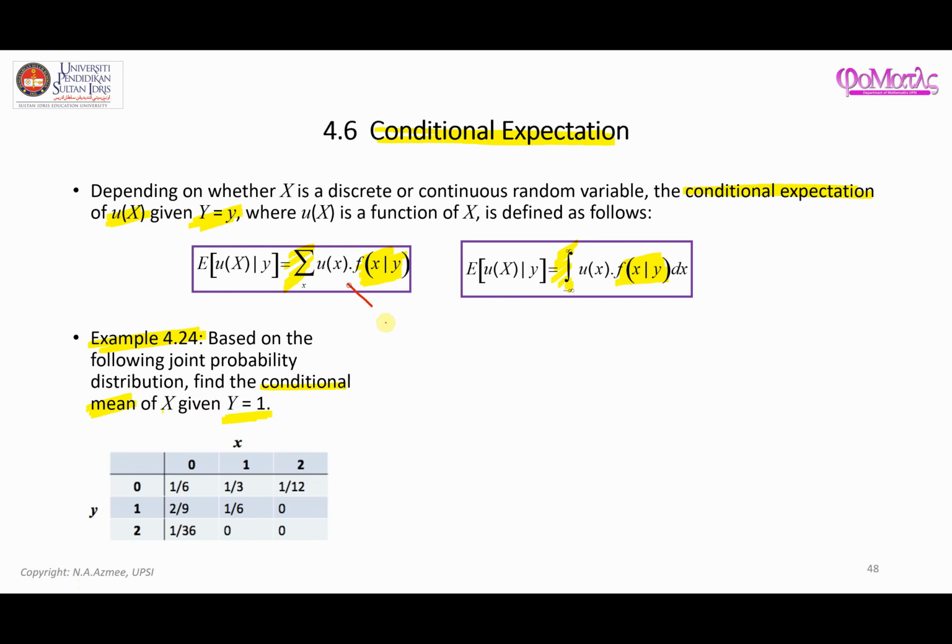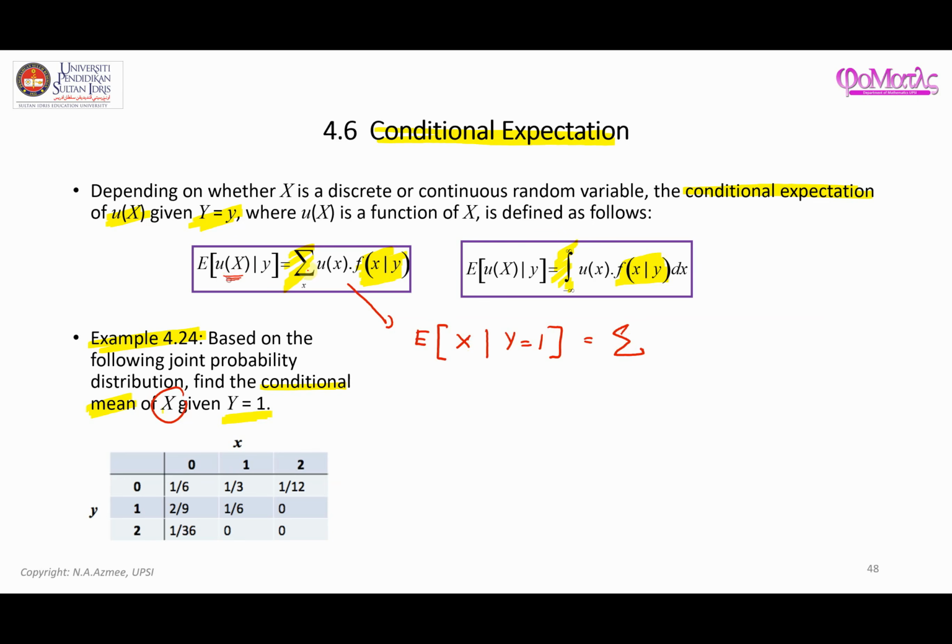So this is the discrete case. We're going to refer to this formula right here, and according to this formula, we want to find the expected value of x given y is equal to 1. That is what you are asked to find, and it has to do with this process right here.